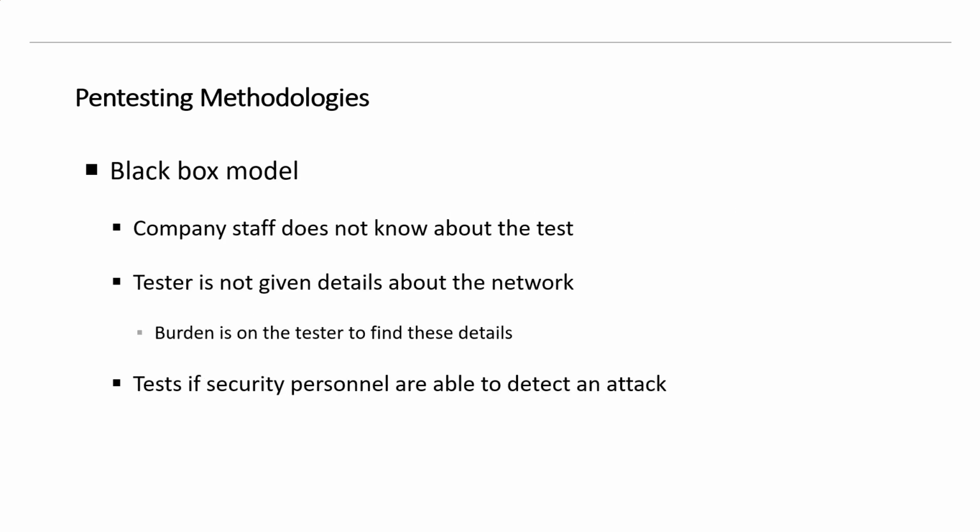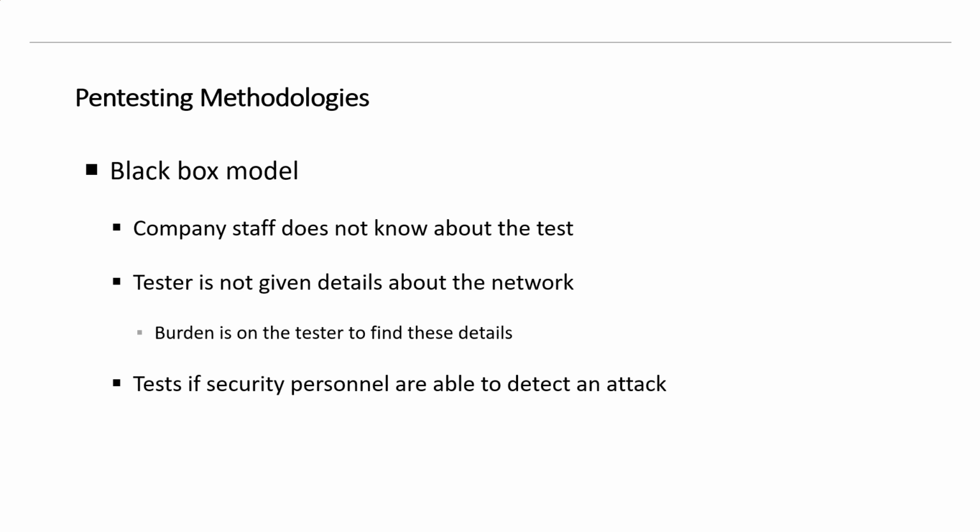And the second model is black box. By this model, any company staff except the person who is responsible for managing the pen testing work will not know about the test itself.